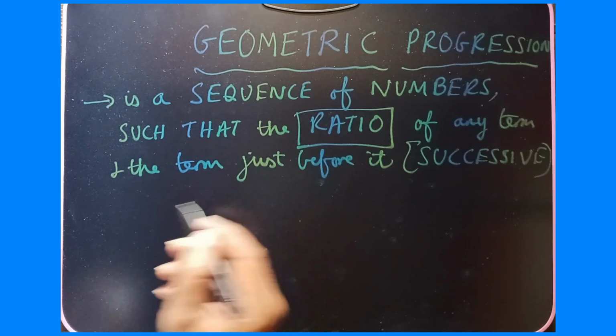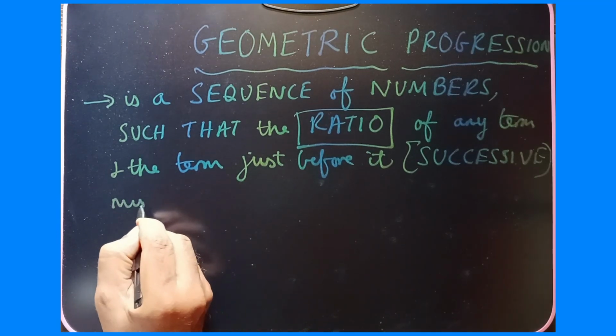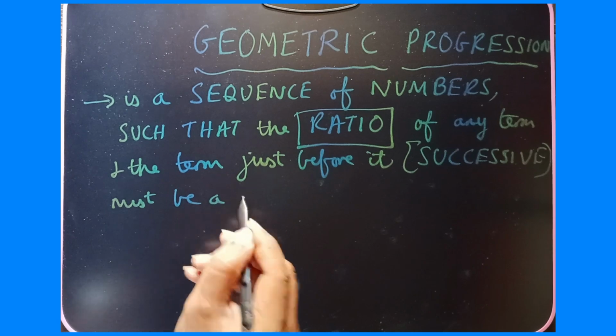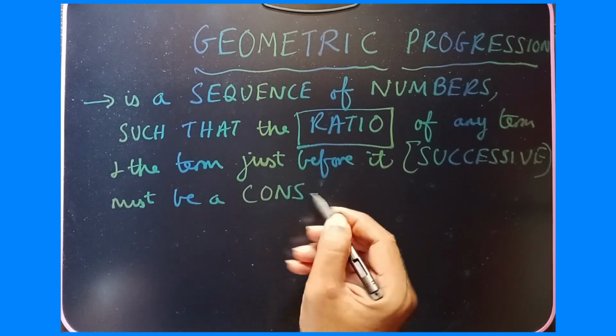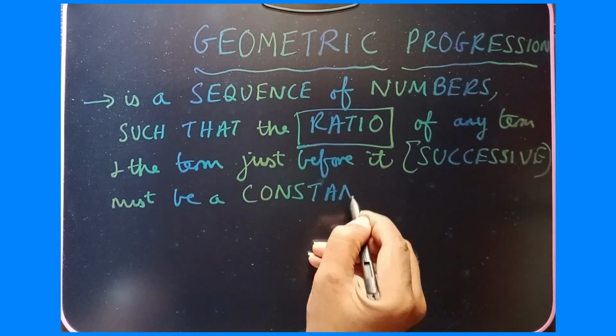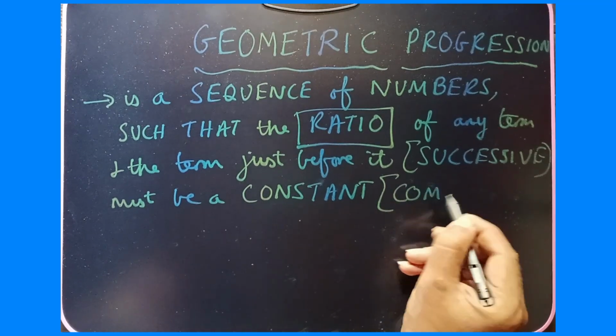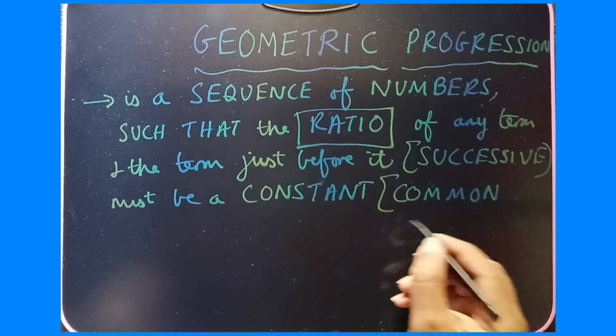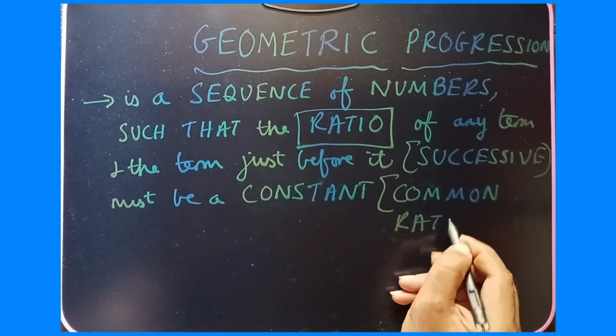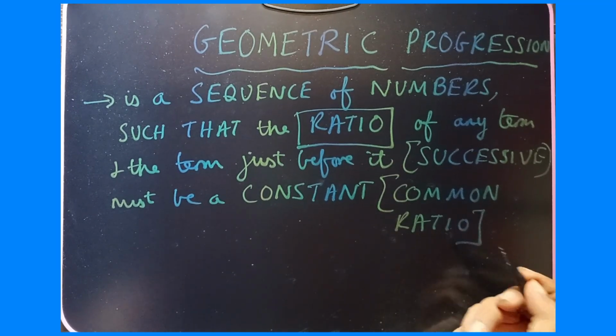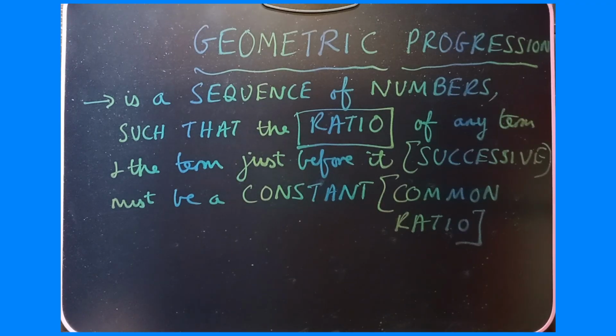The ratio must be a constant. Here also constant. Yes, but here the ratio should be constant. And this is called the common ratio. There it was called the common difference. Here it is the common ratio.